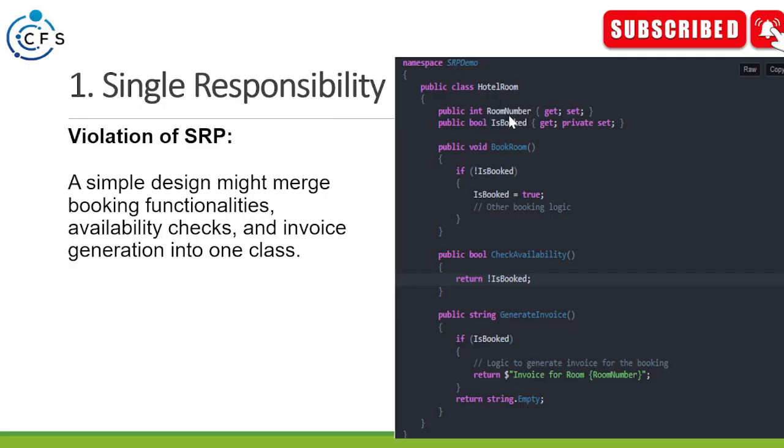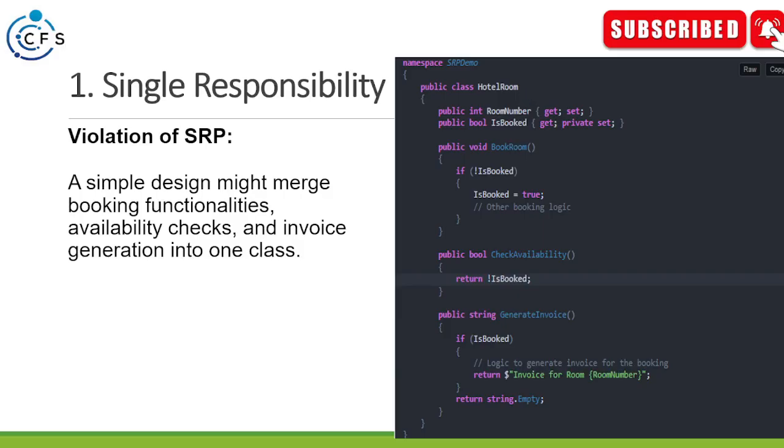It has two properties, hotel room and is booked, and it has a method room book, which is responsible for room booking. Then there is check availability, to see whether availability is there or not, and then generate invoice. All of this is in one class, HotelRoom, which is a violation of the single responsibility principle.